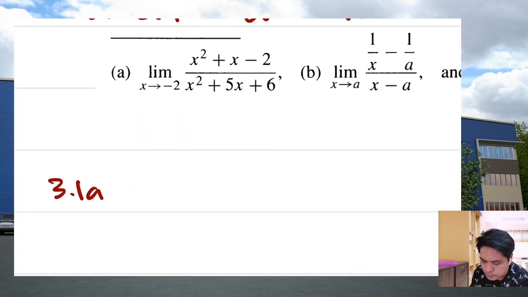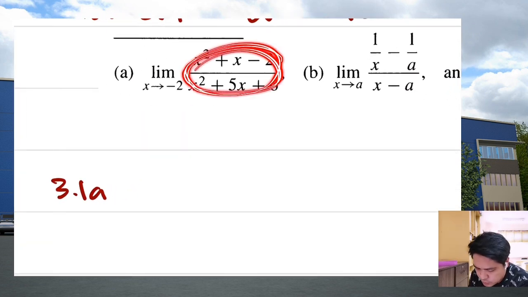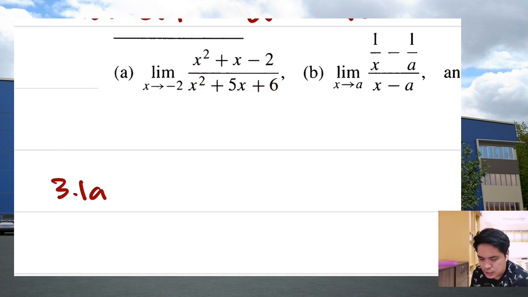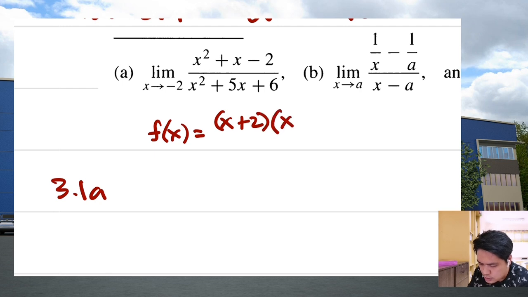So, okay. Let us first take a look at the function. Our function here is x squared, let's just factor it out. In factored form, the numerator is x plus 2 times x minus 1, and the factored form of the denominator is x plus 2 times x plus 3.